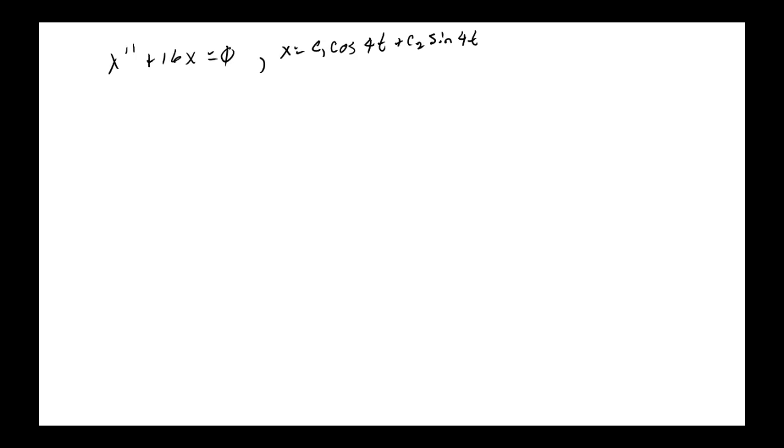Okay, suppose we now wish to determine the solution of the equation that further satisfies these boundary conditions. x of 0 is equal to 0, and x of pi halves, I can't write, goodness gracious, is equal to 0.